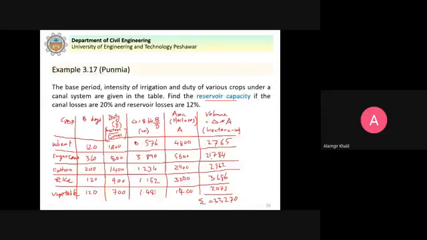Now it is given that the canal losses are 20% and reservoir losses are 12%.